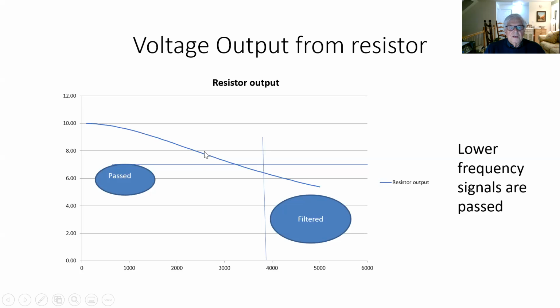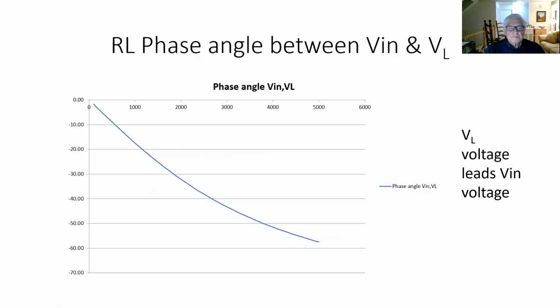And vice versa, if we look at the resistor, then we're actually going to pass lower frequencies across the resistor, but filter out the higher frequencies. Okay. And again, everything happens right at that 45-degree phase angle change.